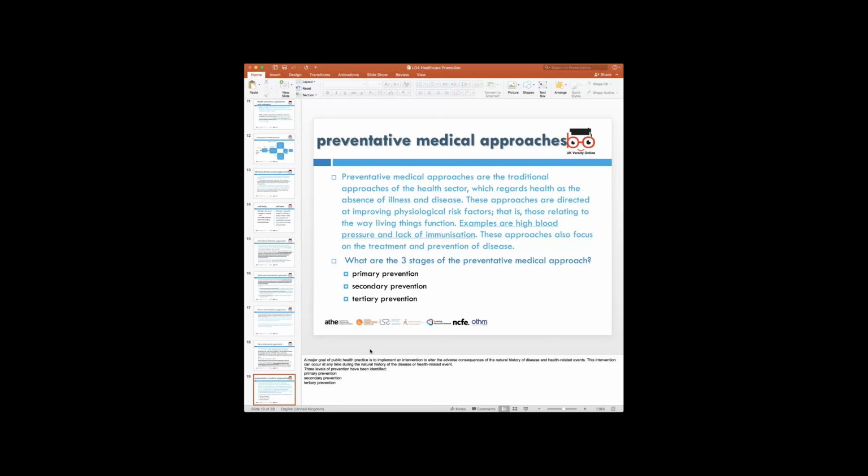Now, these conditions happen once in your life, but if preventive care is done and immunization or injections are given at the right point in time in your life, then you can avoid some of these threatening diseases. So this also requires promotion.